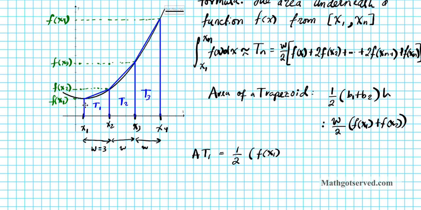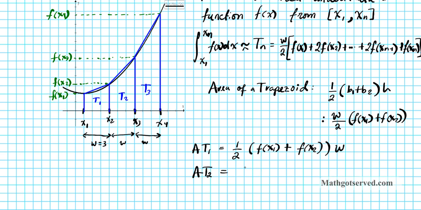This is base 1 right here. Plus base 2, which is f of x2, times the height, which is w. I want to write it in the formula that you're familiar with before I derive this final formula. And then the area of trapezoid 2. Can you tell what the area of trapezoid 2 is going to be?